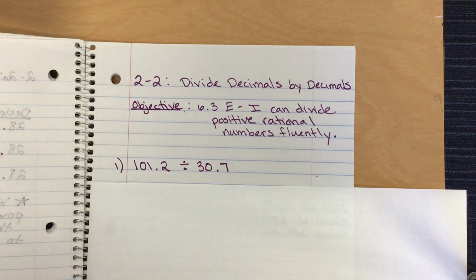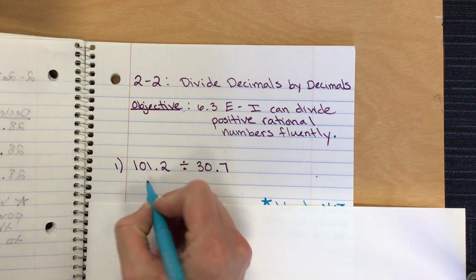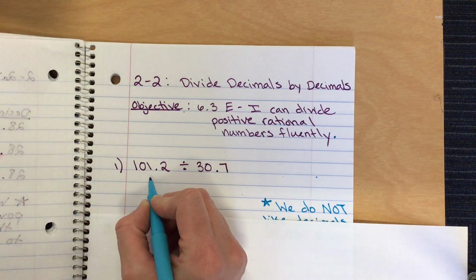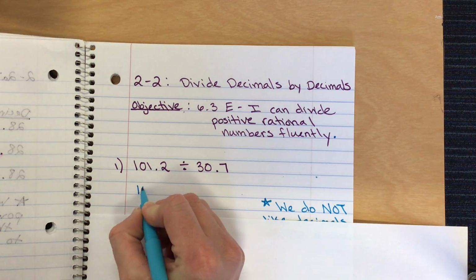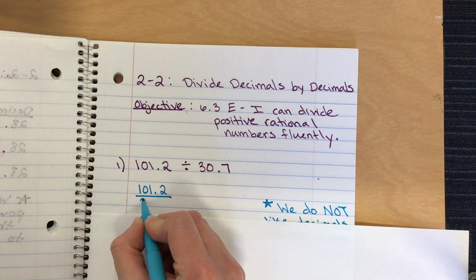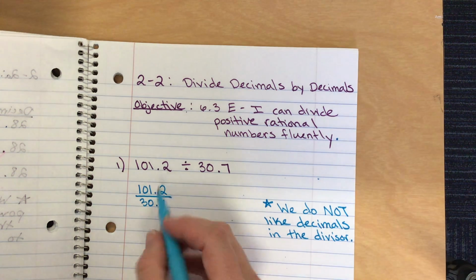Okay. In our example, we have 101 2/10 divided by 30 7/10. So we could set this up. I know that 101 2/10 divided by 30 7/10.